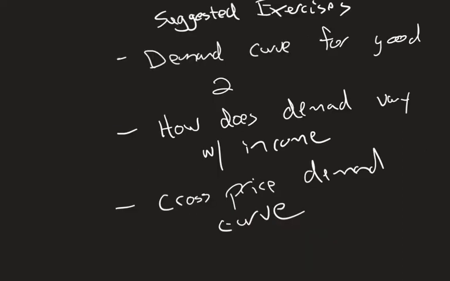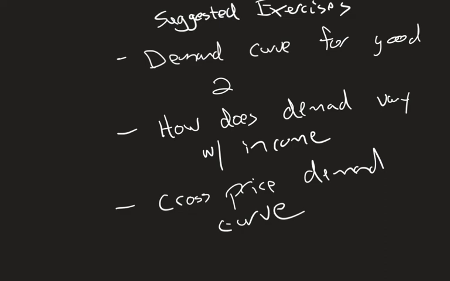And I have 3 suggested exercises for you just to play around with this model to make sure you're feeling good about it before you step on to the next video. Why not derive the demand curve for good 2 through changing the price of good 2, fixing the price of good 1. Why don't you derive pictures of how much people will consume of good 1 and good 2 as their income changes.